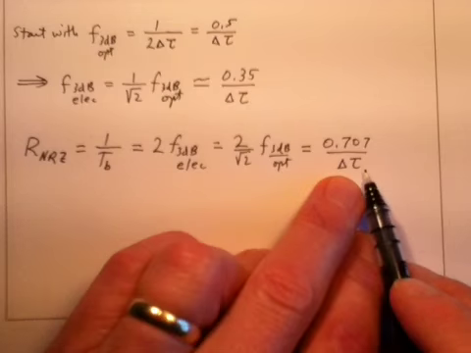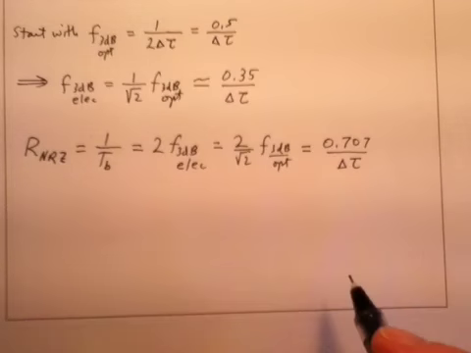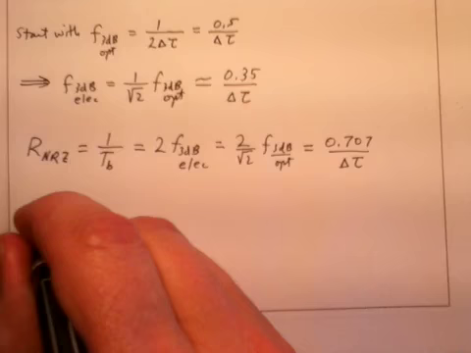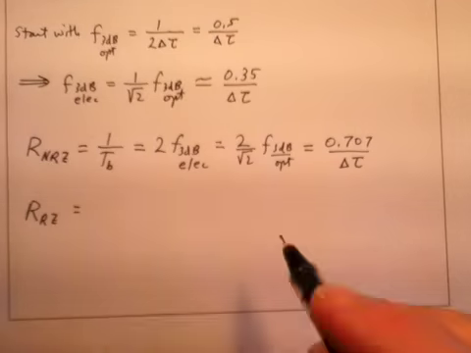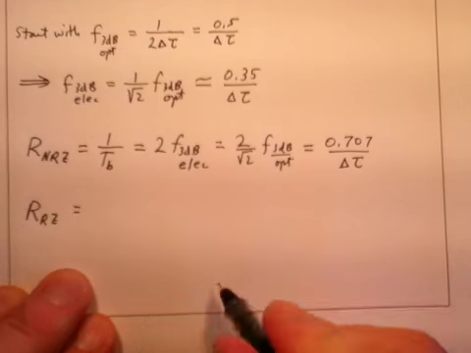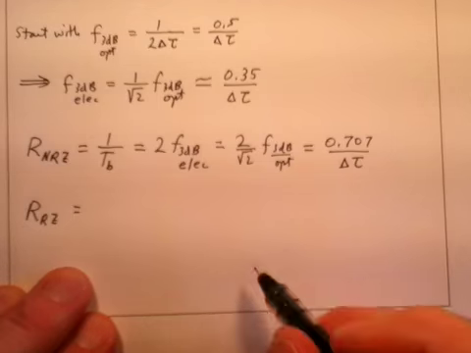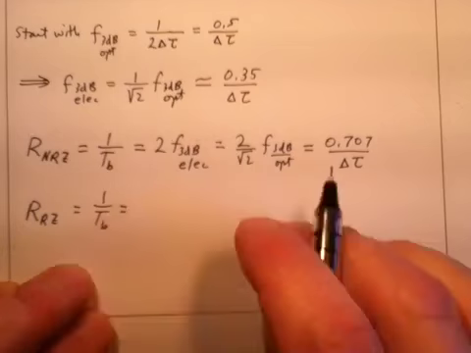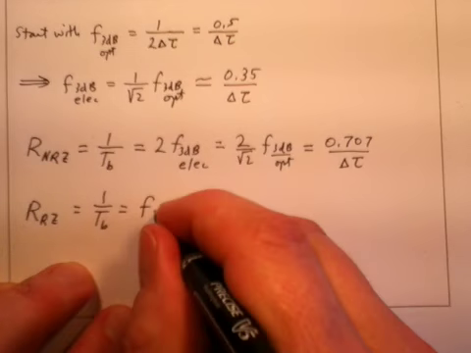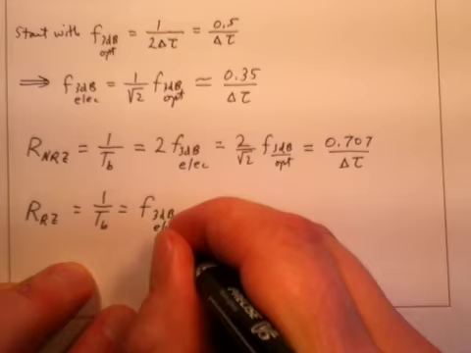I can do the same calculation for the RZ rate. The rate for the RZ is 1 over its bit period, but that is equal to the actual 3 dB electrical bandwidth.